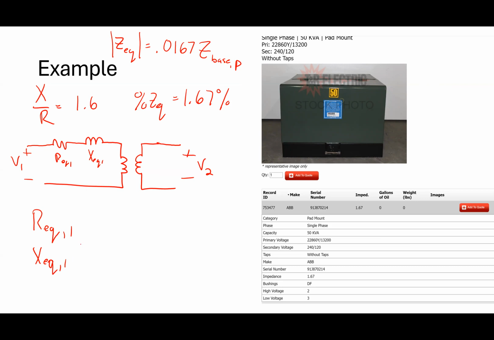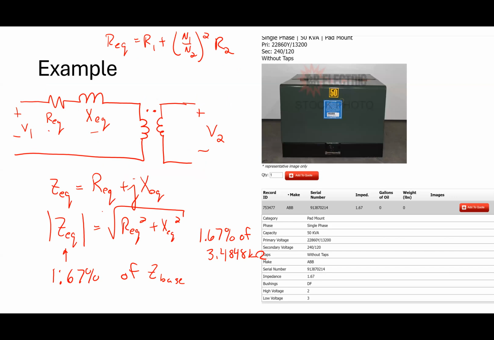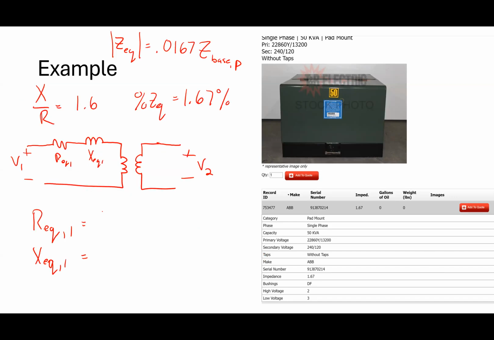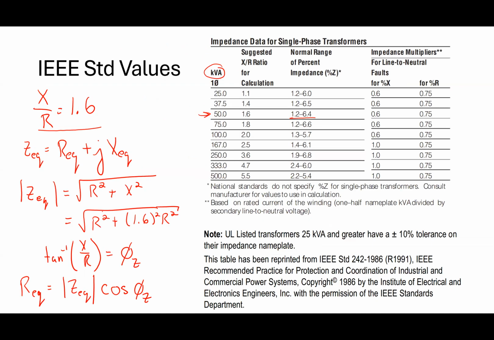And I'm writing the subscript 1 here because I want to figure them out referred to the primary. So I basically just go through that formula that I just did, right? What was the formula we did? Where did I do that formula? Here's where I did that formula, right? So I basically said I could figure out the angle of the impedance, and then I could find the real part of the impedance, right?